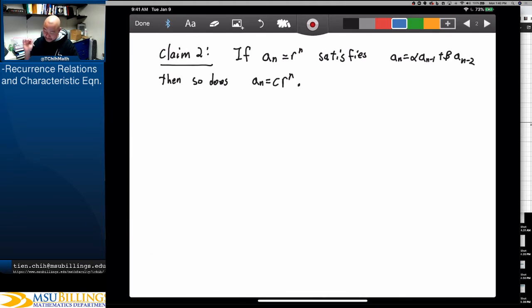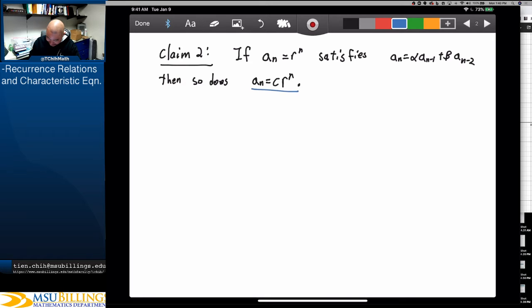All right. Claim number 2: if I have an r to the n that satisfies the recurrence, then multiplying by a constant also satisfies the recurrence. Let's check it out and see if that's the case.